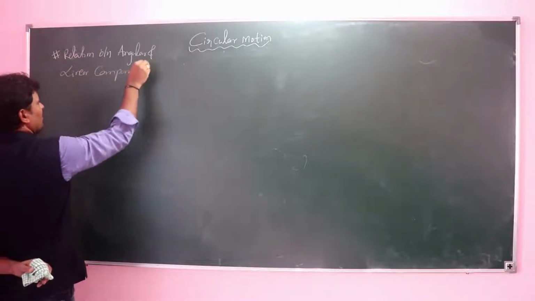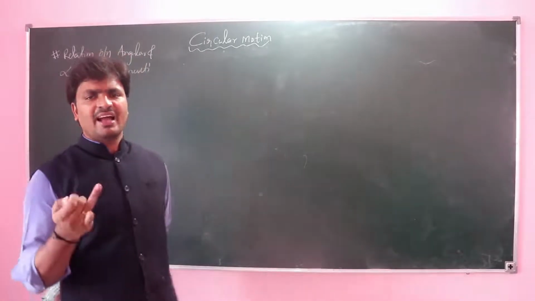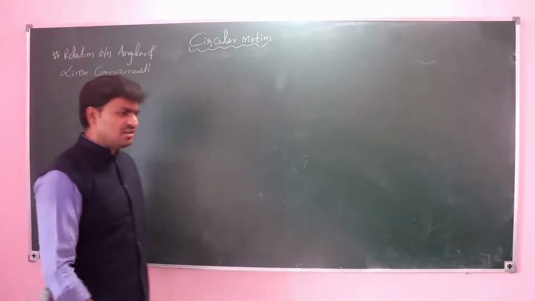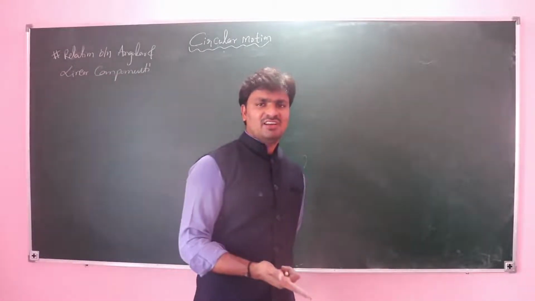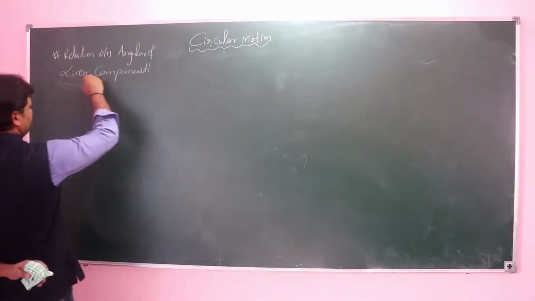Angular components are angular displacement, angular velocity, and angular acceleration. Linear components are linear displacement, linear velocity and linear acceleration. What is the relation between them?